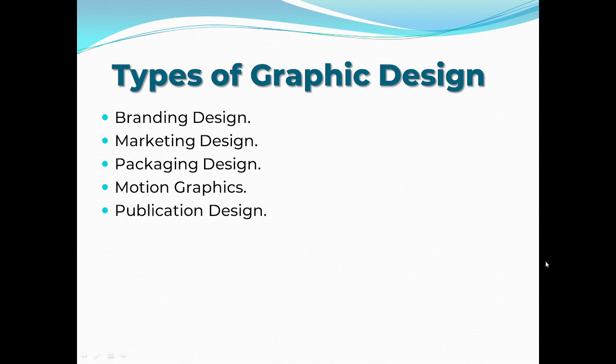So the first, branding, is to make people know about your brand; marketing is to make customers patronize your brand or service. Those are the aims of the two different types of graphic design, branding design and marketing design. So let's move to packaging design.